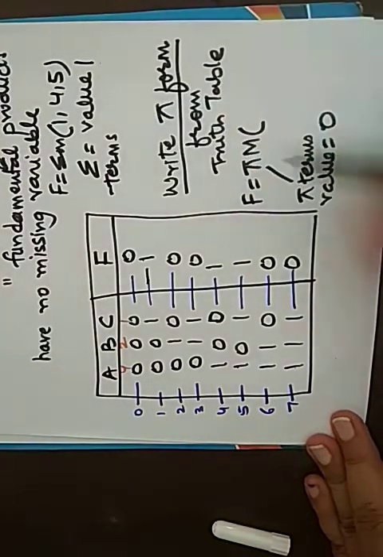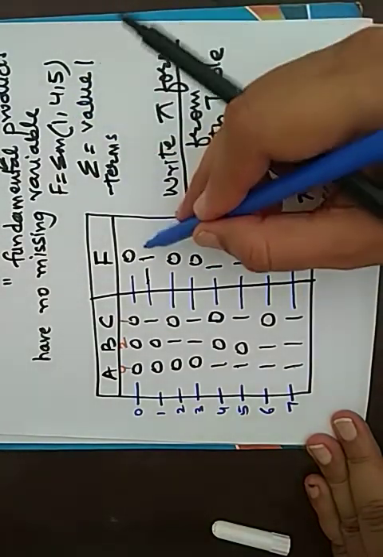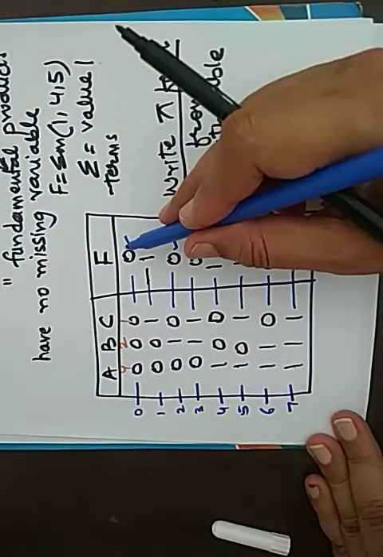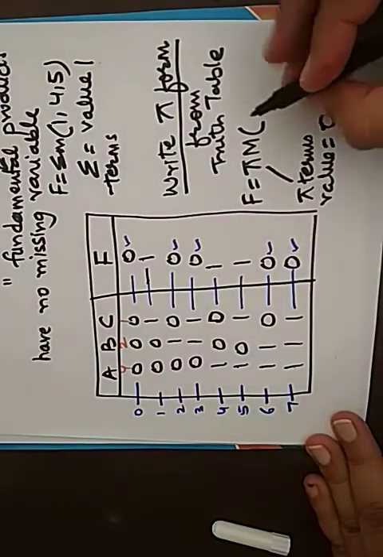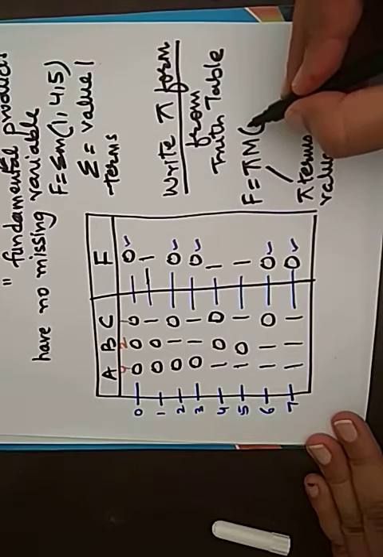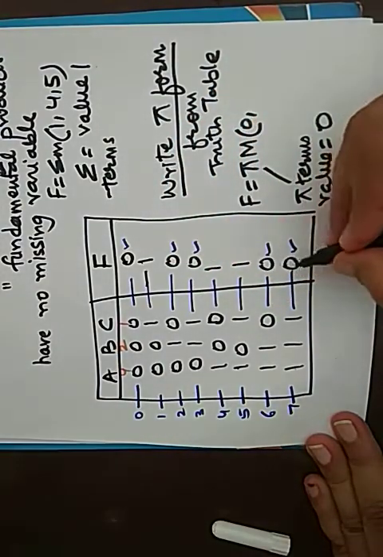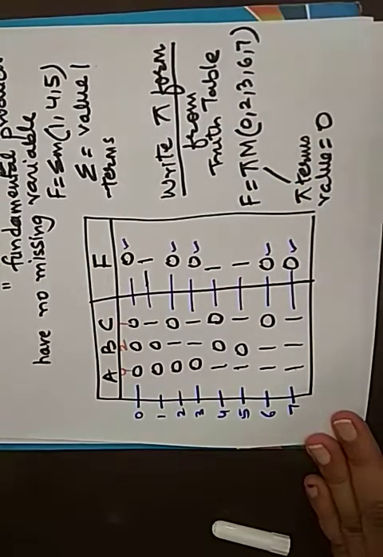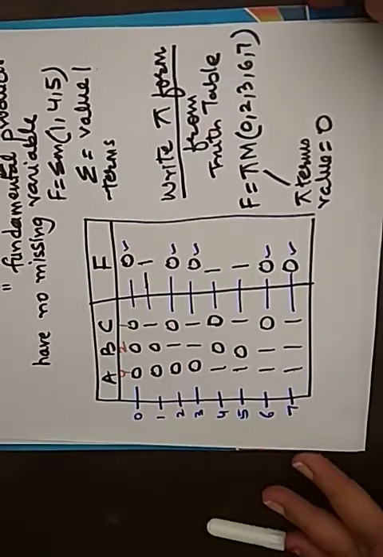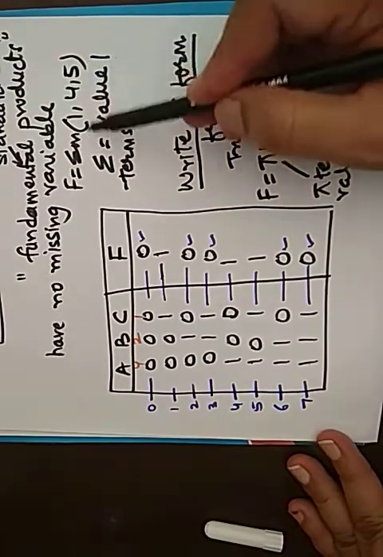Then we have the remaining terms. So 1, 4, 5 are the sigma terms. The remaining terms, 0, 2, 3, 6, 7, will appear in the pi form. So the pi function will be written as pi m 0, 2, 3, 6, 7.